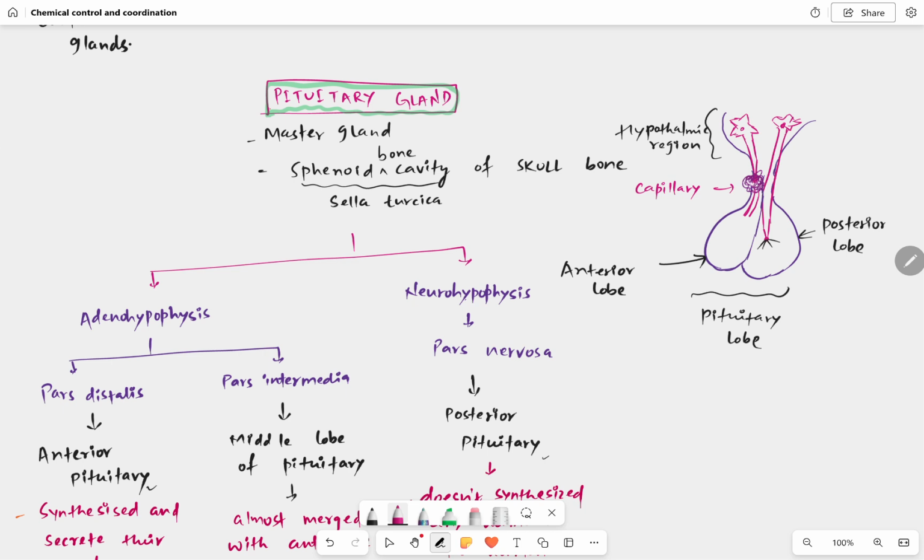This capillary will merge and form a vein, which then goes inside the anterior pituitary, and there it splits again to form capillaries. So these are the capillaries.